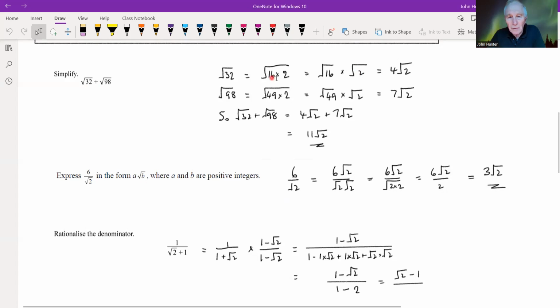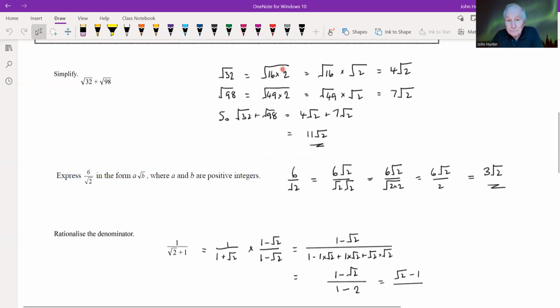I often teach this as your bus shelter. If we've got two numbers multiplied together, we can give each number its own bus shelter. And conversely, if we've got this, we can put them under the same bus shelter.